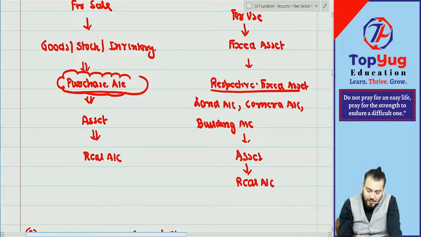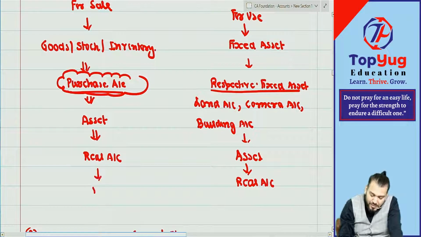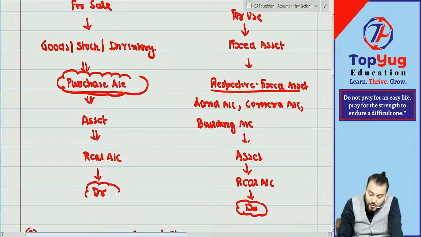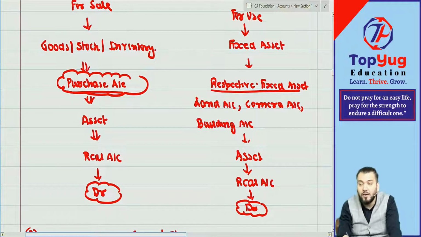Can I say this purchase account will be debited? Similarly, if you are purchasing some fixed asset for use, it is coming in, so this will also be debited. You need to apply the rules, first finding out whether it is a real account, nominal account or personal account, and then apply the rules as per the nature of the account.